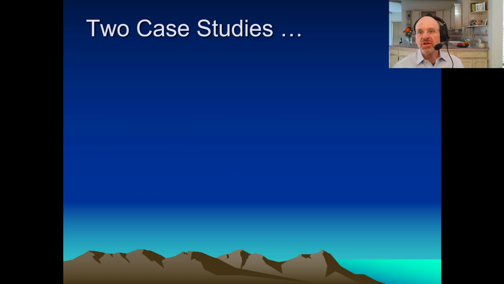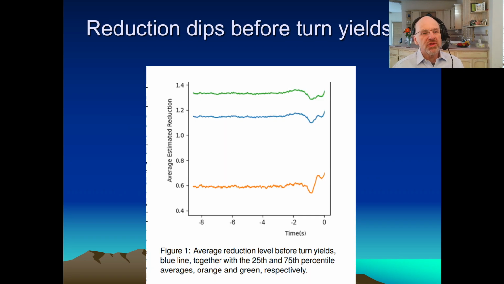So far, we've done two little things. The first one was to examine the patterns of reduction before turn yields. In conversation, sometimes people will just pause and then keep going. So the pause in that case was not a turn yield, but sometimes they'll actually have a little pause that ends the turn and invites the other person to comment or say something.